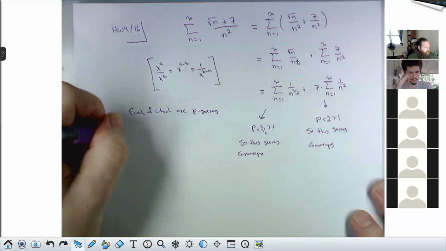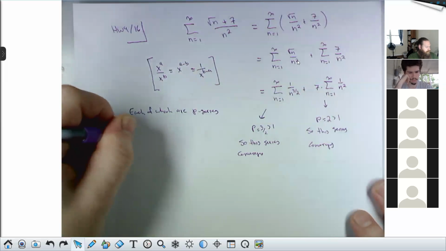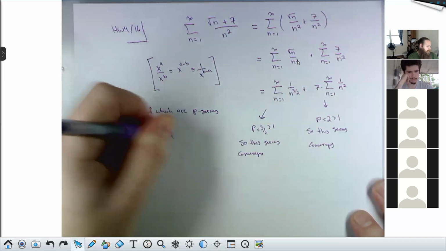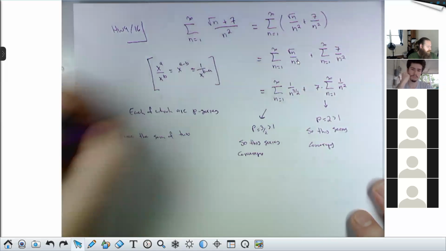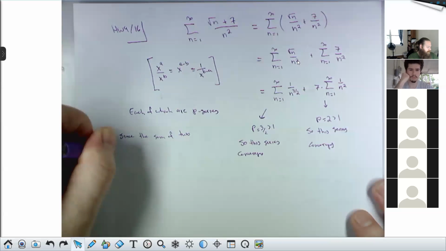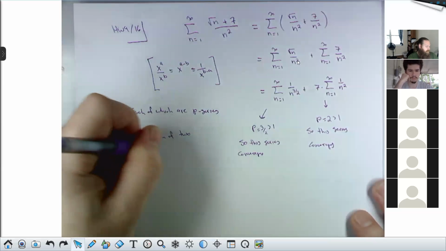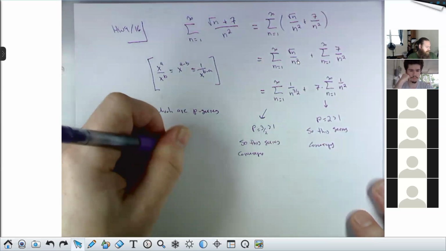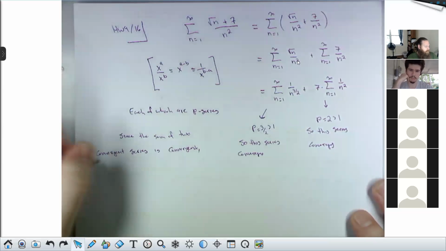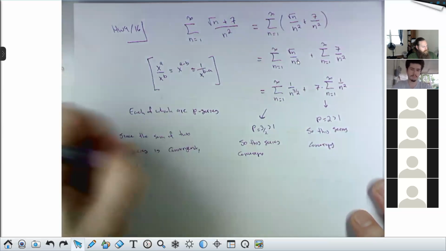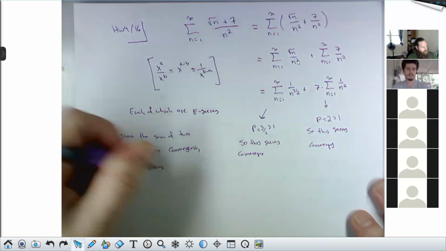And then I would say, since the sum of two convergent series is convergent, the original series must converge.